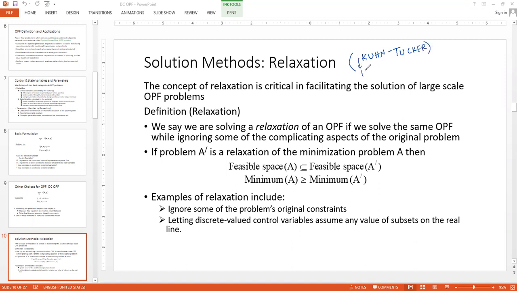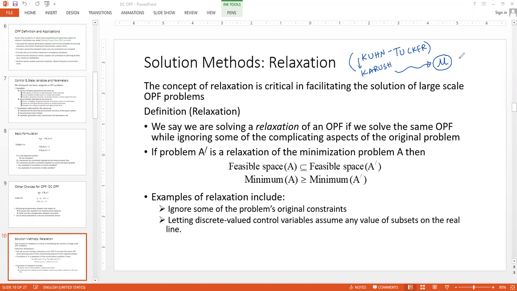In that method, if we remember correctly, we adopted some mu variables, and the mu variables were associated with each of the inequalities. If there is any inequality like less than, there would be one mu introduced.